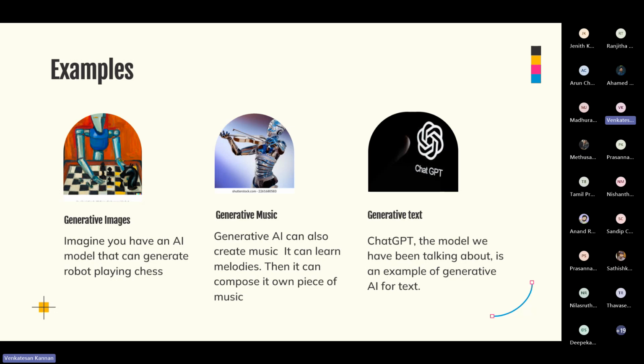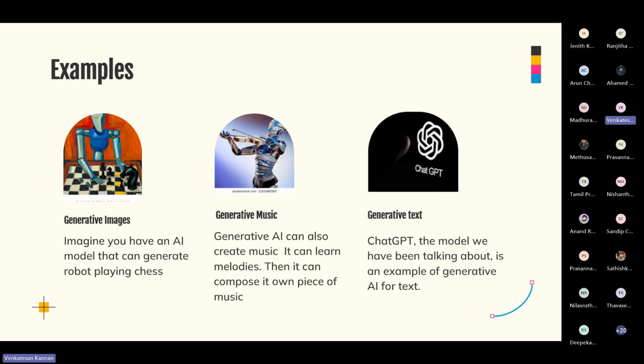It can compose its own piece of music that is very similar to what it has learned. It can learn various types of music and compose virtual music. It can also create music like A.R. Rahman. So it can do those wonders too.